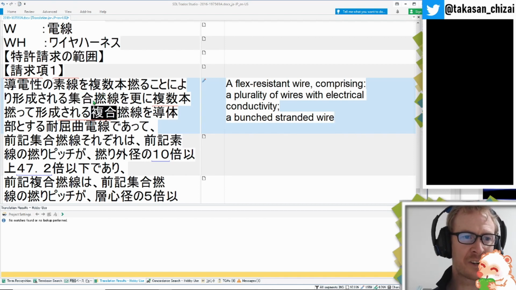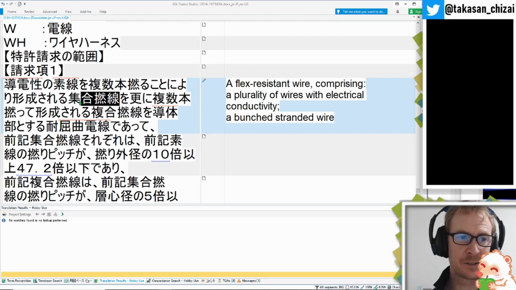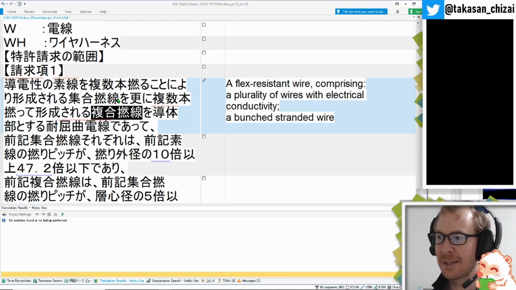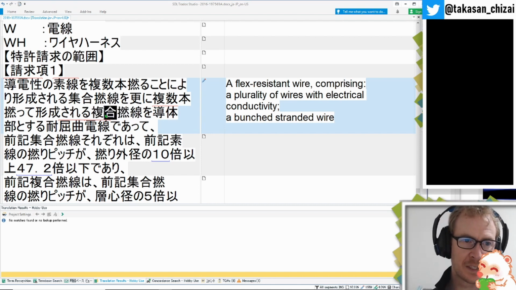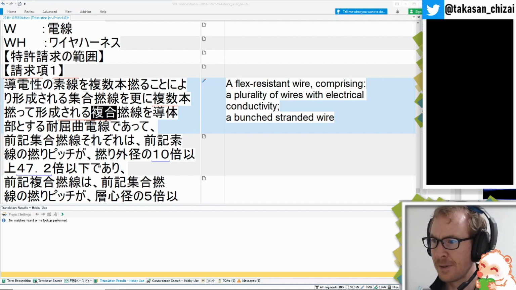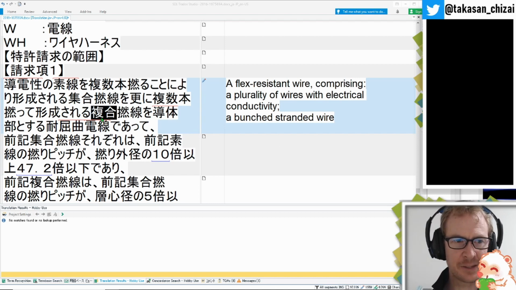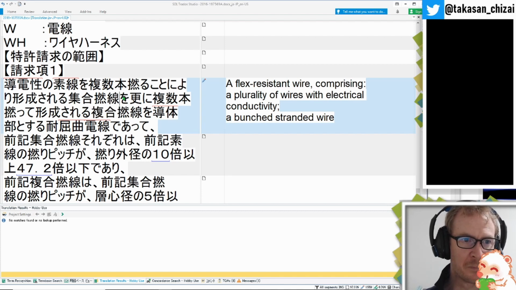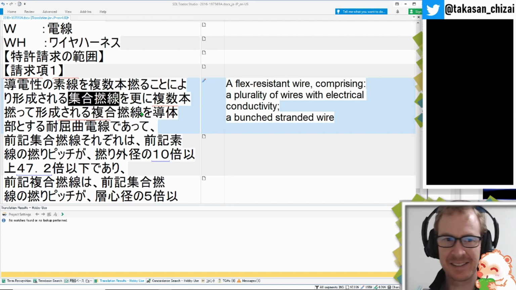See, what I'm worrying about now is there's these two terms here, and what's the best term for both of them? Fukugo. Fukugo composite, complex, compound. Okay, so for the second one, it looks like complex or compound might be good. And so for this first one, bunched might be okay. We might come back to that.